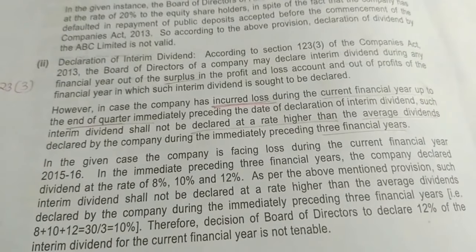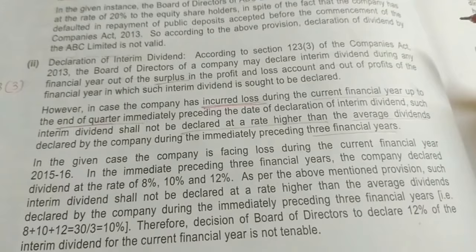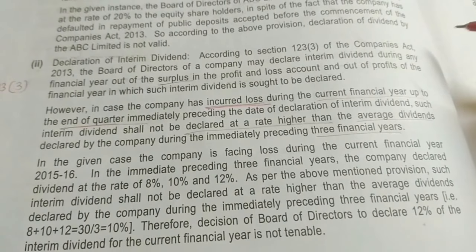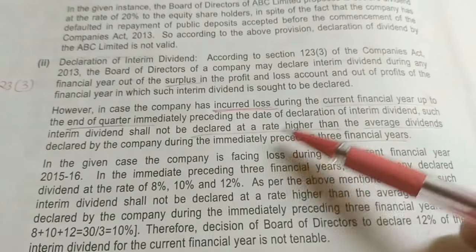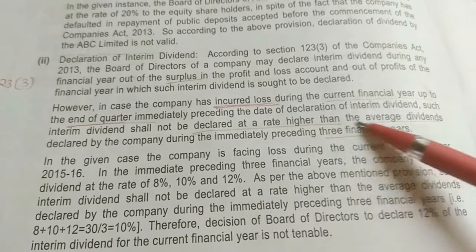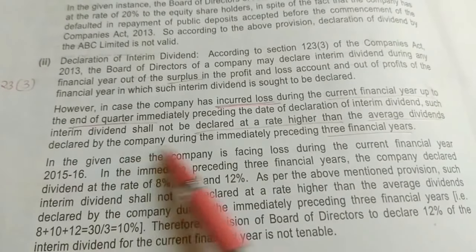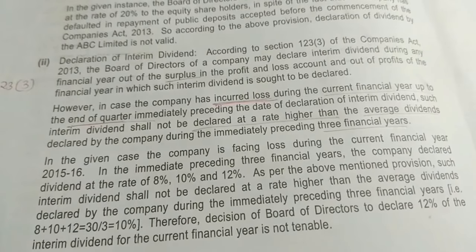That means if the company has incurred a loss during the current financial year up to the end of the quarter where the dividend is declared, there should be restrictions on the rate of dividend. In this case, the dividend shall not be declared at a rate higher than the average dividend declared by the company during the immediately preceding 3 financial years.